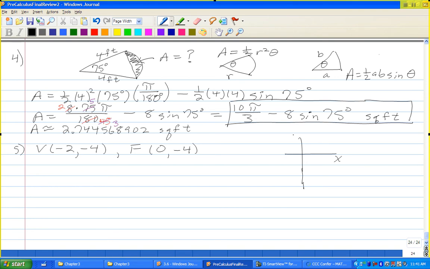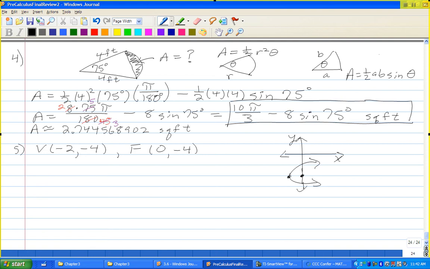So this is x, y. So the vertex is at -2, -4. So we're down here. And the focus is at 0, -4. And so your parabola looks something like this.